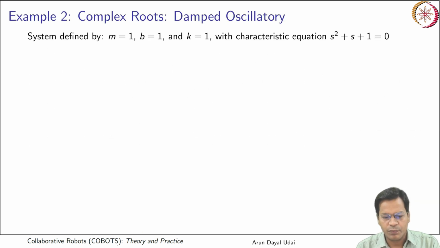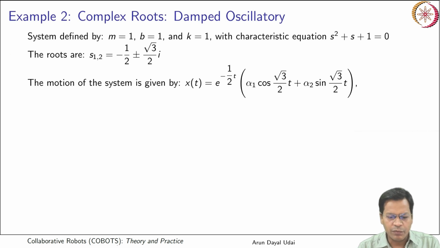You have your system given by m equal to 1, b equal to 1, k equal to 1. The characteristic equation is s squared plus s plus 1. The roots are complex conjugates with a real part and an imaginary part.